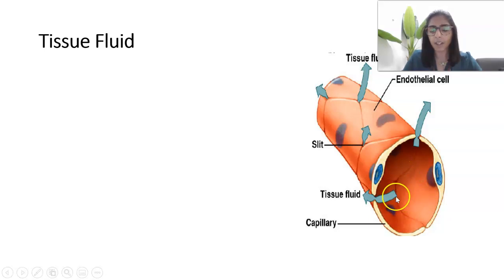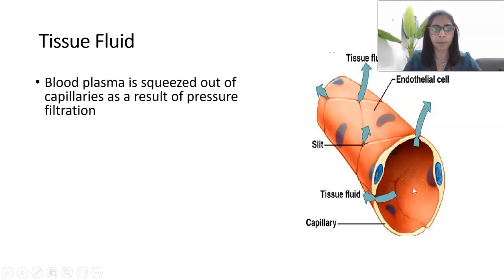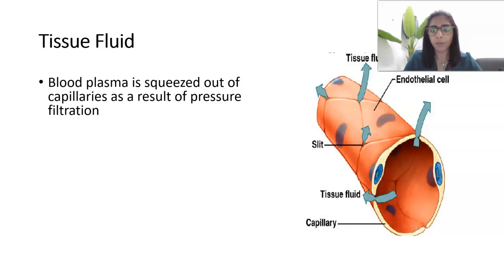So some of the liquid from the blood plasma forces its way through the endothelial lining, through that one cell thick lining, and the smaller molecules will pass through and the larger ones will stay inside the blood capillary. So what we're saying here is that the blood plasma is squeezed out of the capillaries under that high pressure.